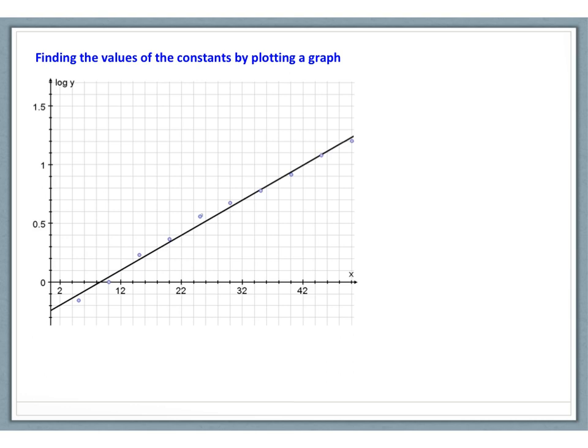So remember, we have a straight line which has the equation log y equals bx plus log a. So b is simply equal to the gradient. So let's pick some points that we can find.